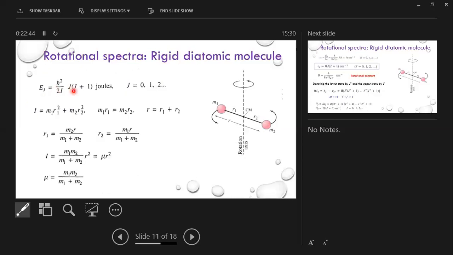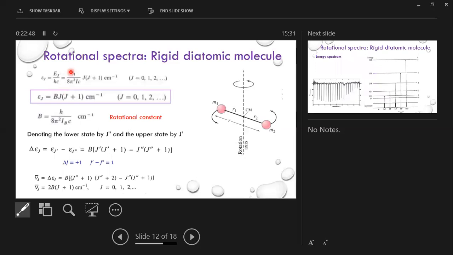We already have Ej, so we just divide by hc, giving h by 8 pi square Ic into J into J plus 1. It is usually expressed in the unit centimeter inverse. Obviously it should be length inverse because this is 1 by lambda, but the conventional unit in molecular spectra to express wave number is centimeter inverse.